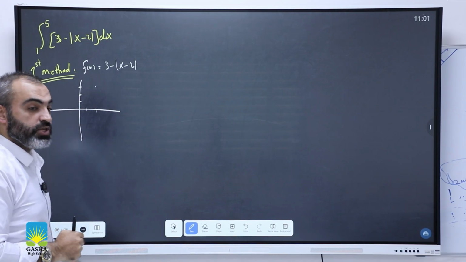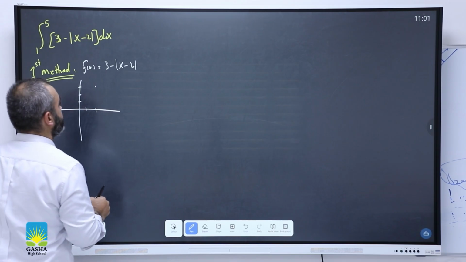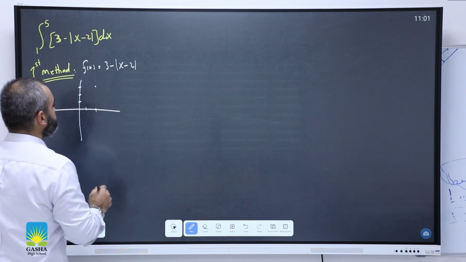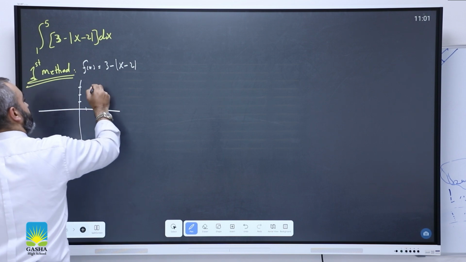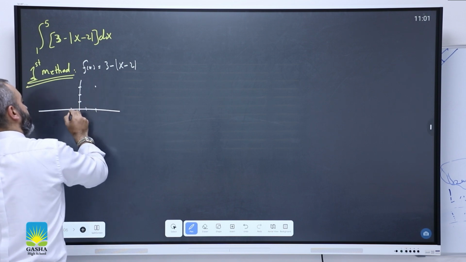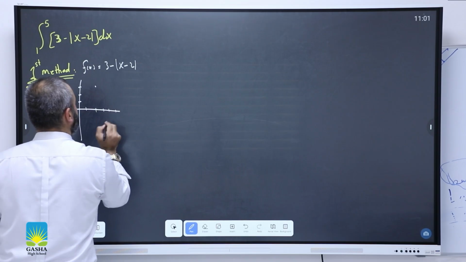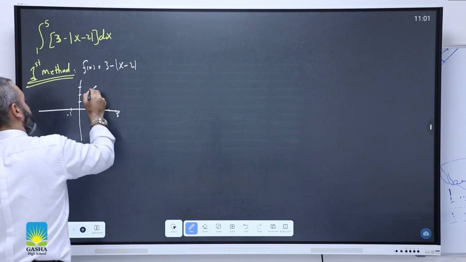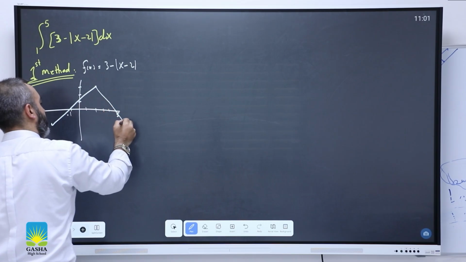We compare to chapter 1 and we use the transformation of this. It goes to negative 1 here, and it goes to 5 here. Why?